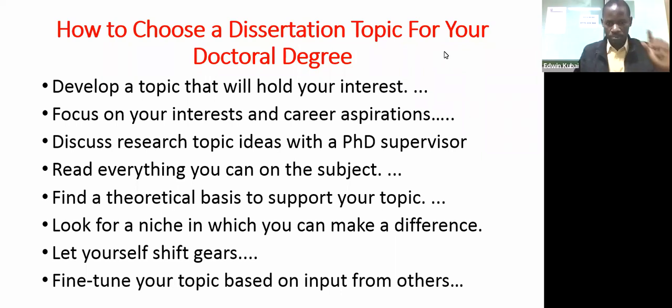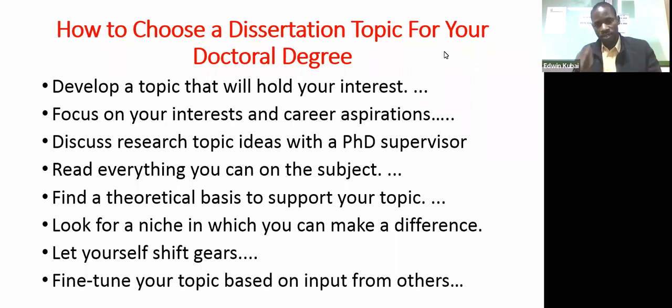Discuss the research topic ideas with your PhD supervisor. If you come up with a topic of interest, share it with your supervisor, find out the input from the supervisor, and from there you can make a concrete, genuine decision that this is a topic I can research on. The supervisor will tell you, it's okay, you can research on it.